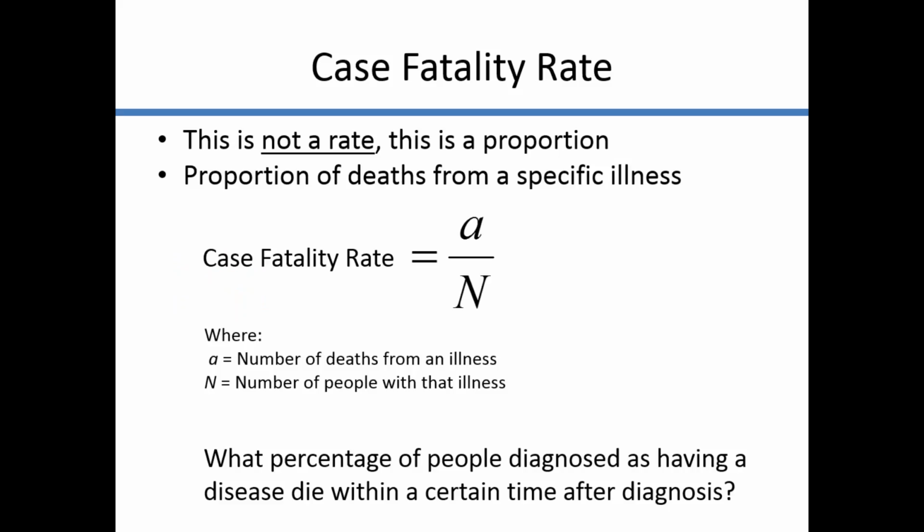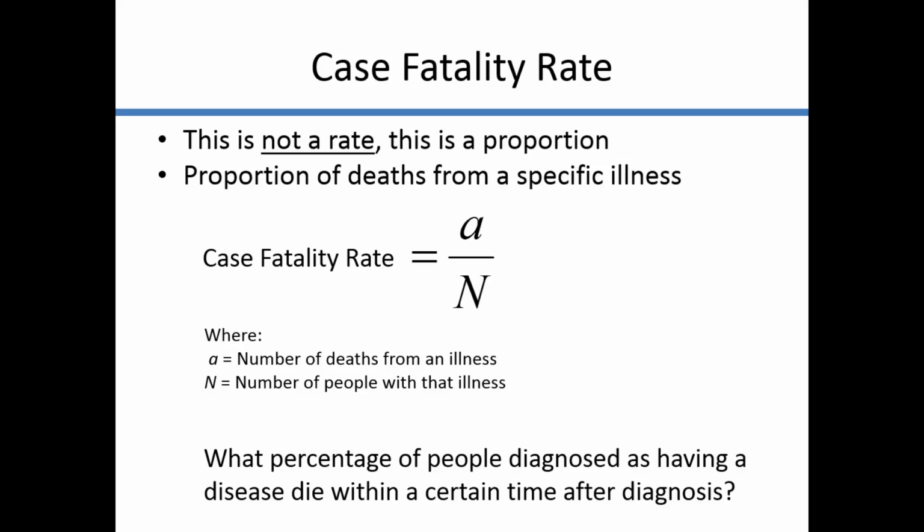A few final points which you should know. Case fatality rate, it's called a rate, but it's not a rate. It's a proportion. It's the number of deaths from an illness divided by the number of people with that illness. What percentage of people diagnosed as having a disease die within a certain time after diagnosis? If there's a disease that's very damaging and we don't have a cure for it, the case fatality rate goes up.